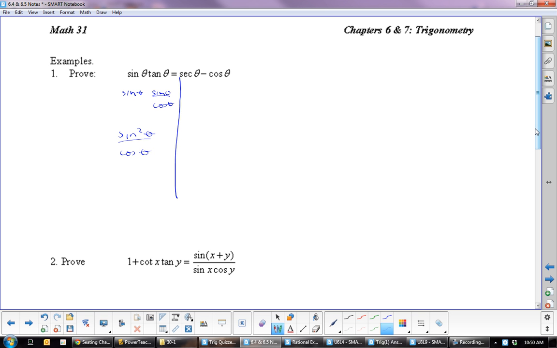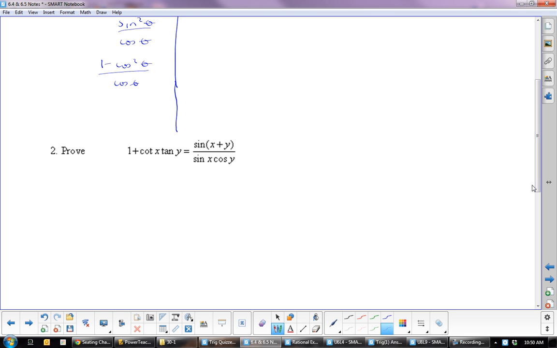Now when I see a sine squared, and on this side I see a minus sign, this tells me to use the Pythagorean identity. So this is 1 minus cos squared theta over cos theta. This step isn't really necessary, but I'm doing it so I don't lose anyone.